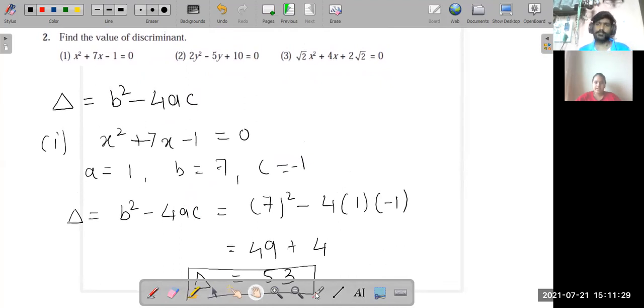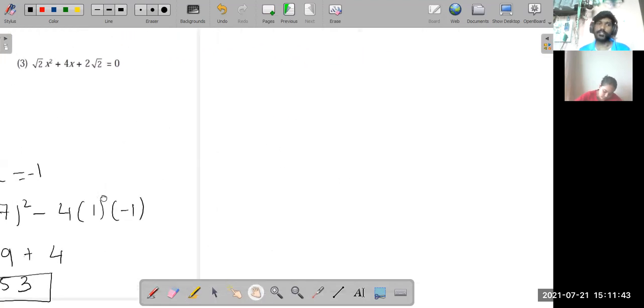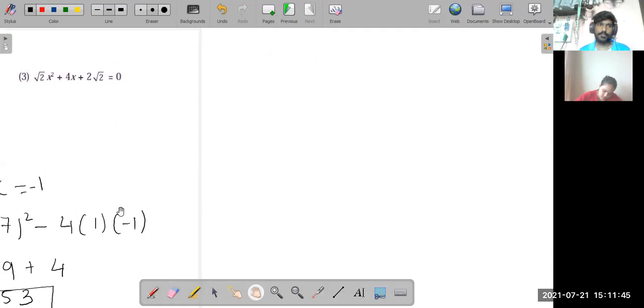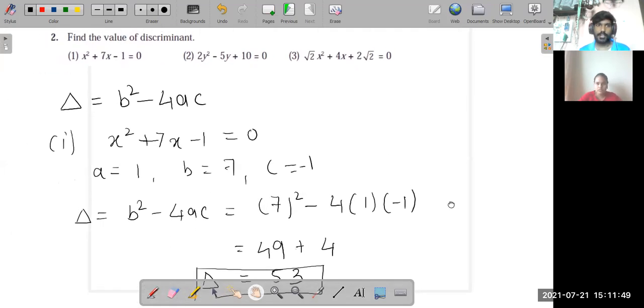So we can do just the second one for homework, right? Yeah, I'll do it for homework. Okay. So I'll show you the third one. Third one is also easy. I should write this one down. Yes, write it down.